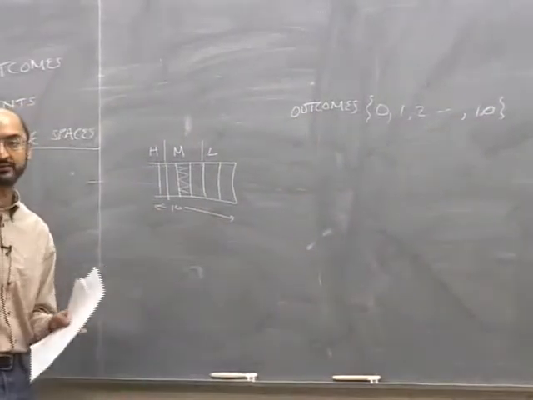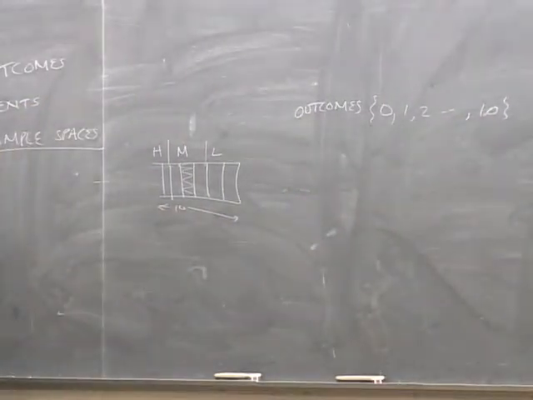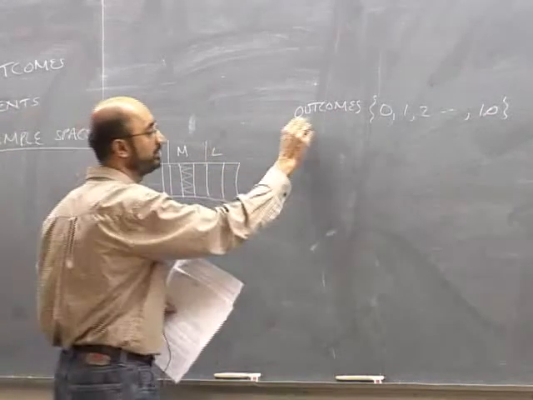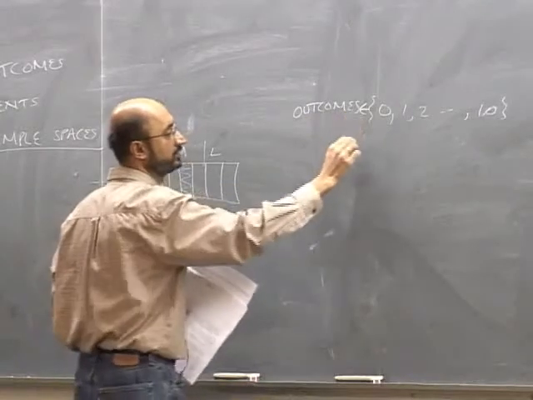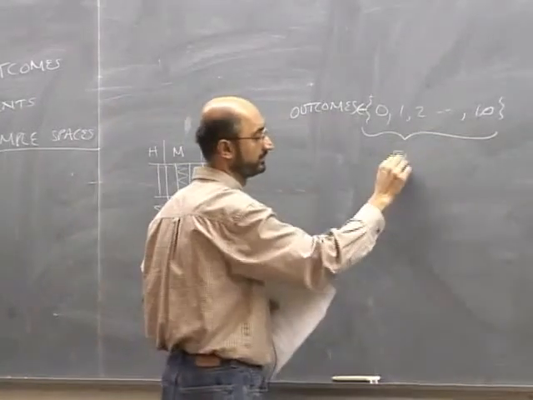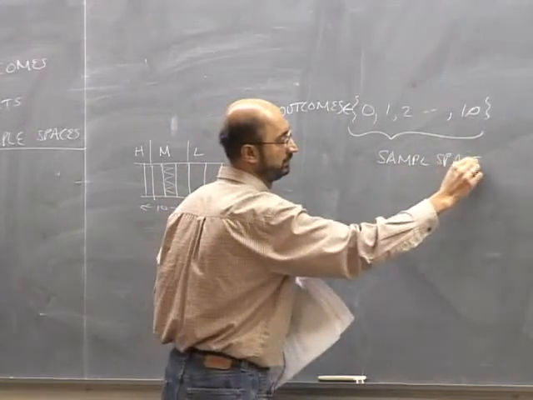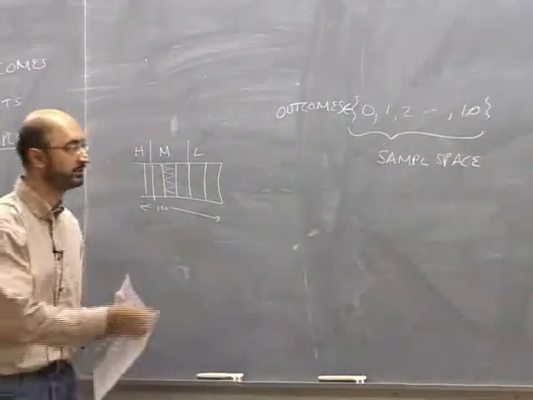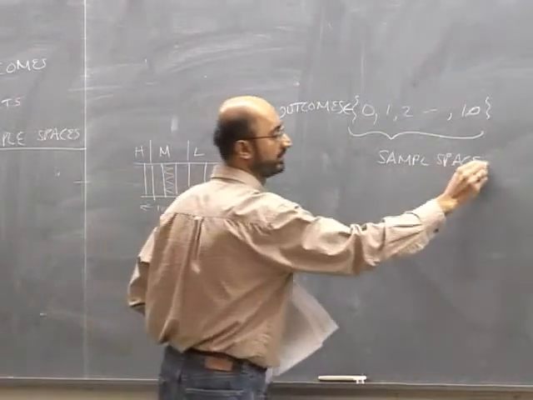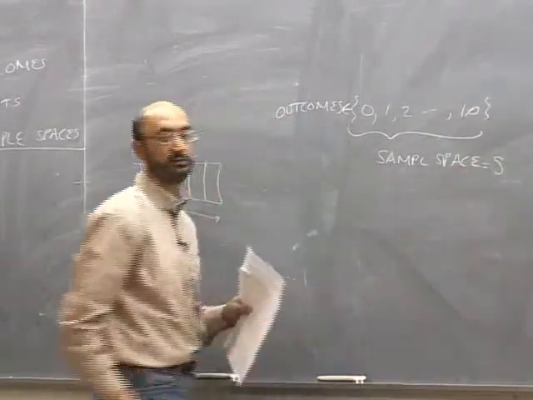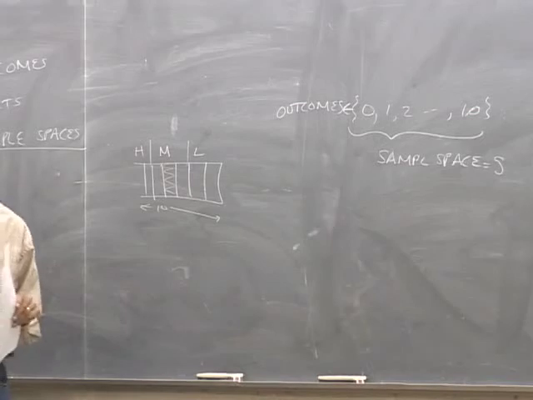So that set of distinct and mutually exclusive outcomes is called the sample space. Okay, so these are the outcomes. Outcomes belong to this, and this is the sample space. Okay, and we typically denote this as S. Okay, so any questions on this?